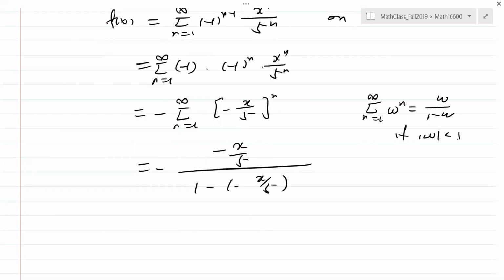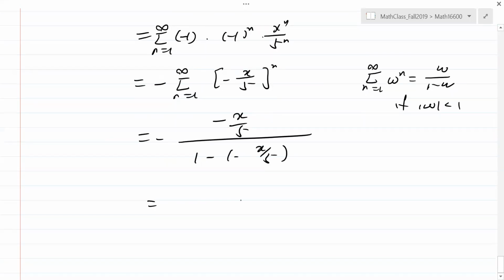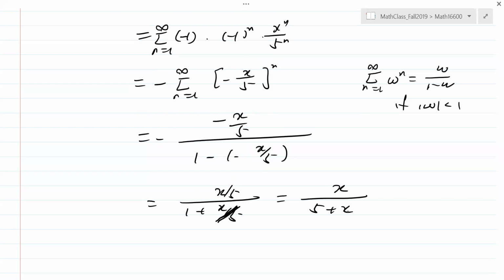We simplify this and get x over 5 over 1 plus x over 5, and then simplify further to x over 5 plus x. So that's a pretty simple function.